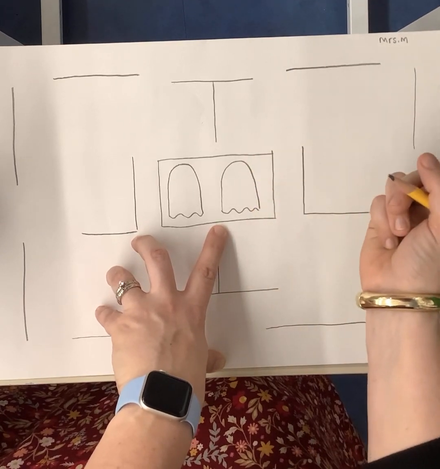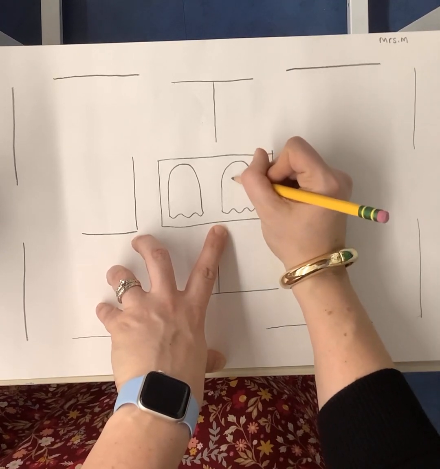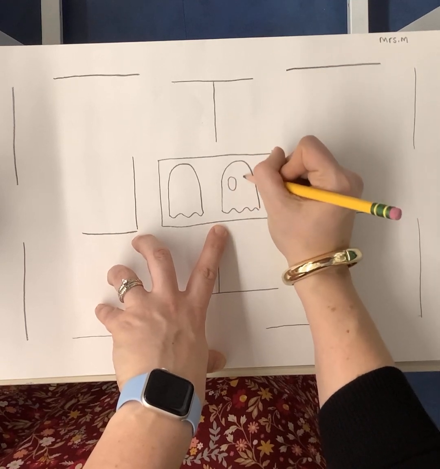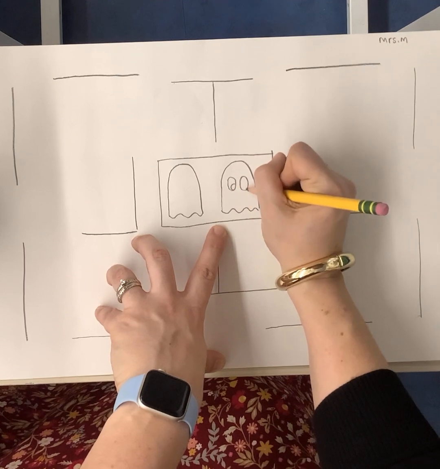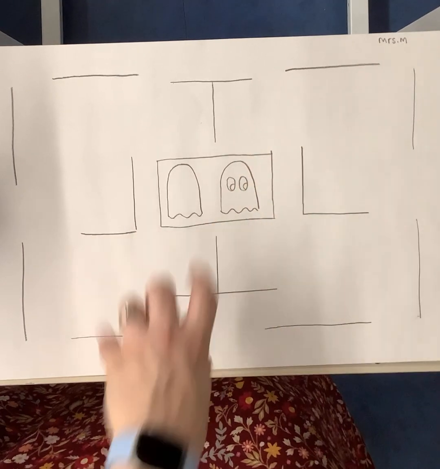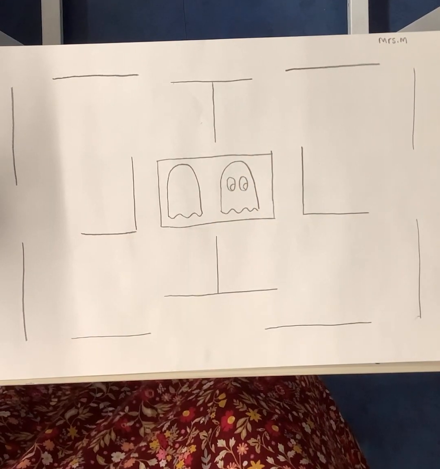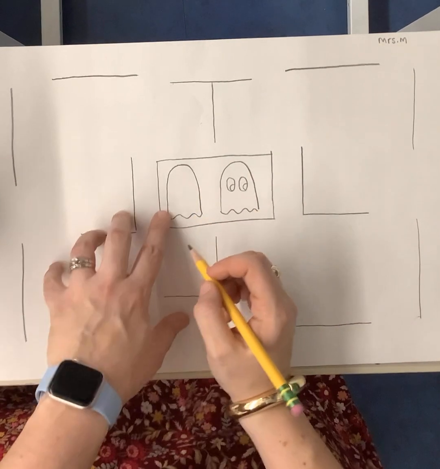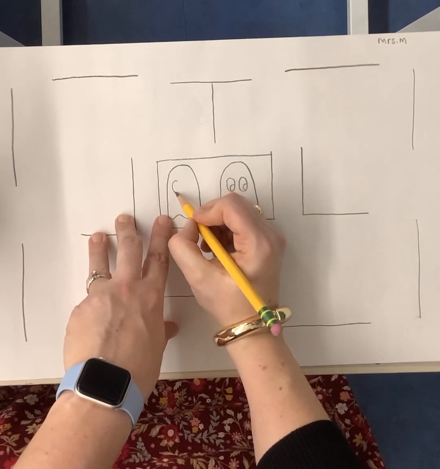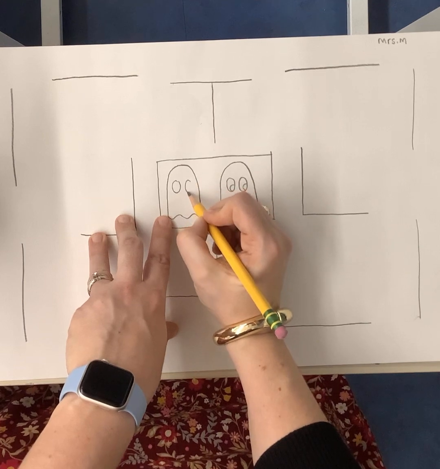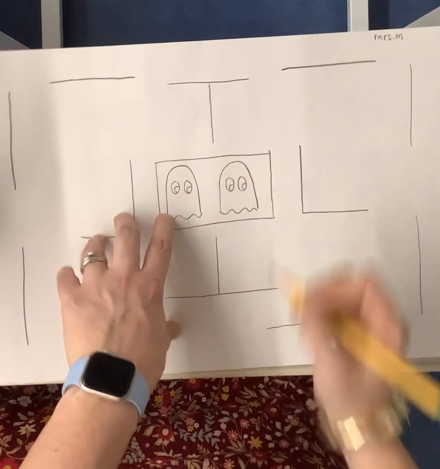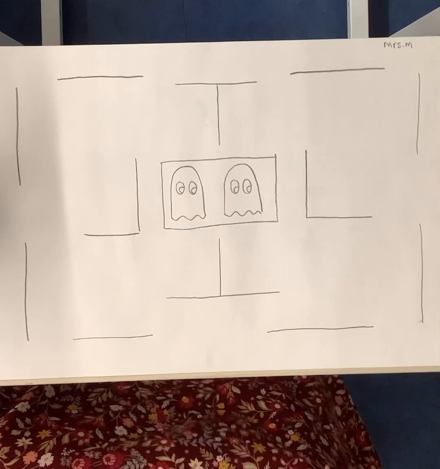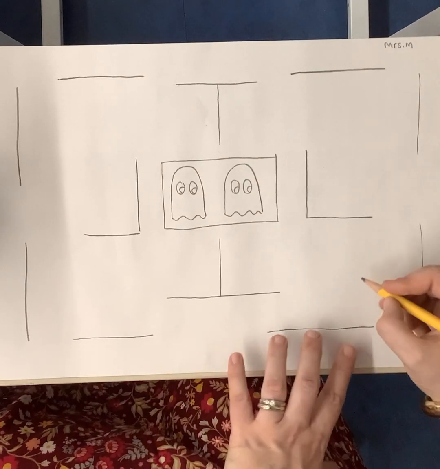For the eyes, we want to use ovals. Oval. Oval. Add another little oval or C on the inside. That looks like a Pac Man ghost. So let's do it again. Oval, oval, letter C, letter C. And I'm gonna add one more ghost out here trying to get Pac-Man.